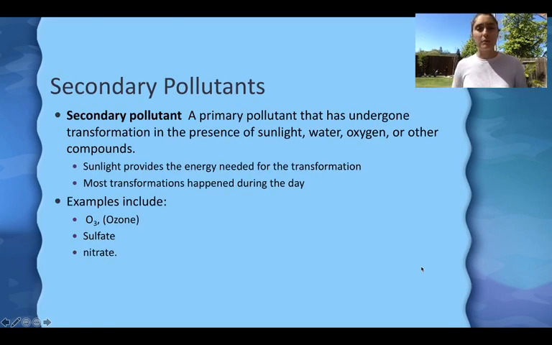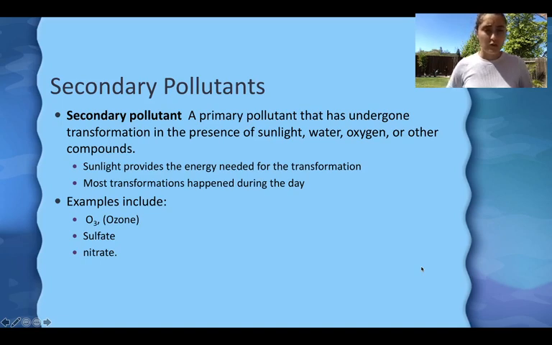Whereas secondary pollutants mean those primary pollutants have undergone some sort of transformation. Usually that transformation happens in the presence of sunlight, water, oxygen, or other compounds. Sunlight is basically what gives it the energy to go through this transformation. This is why you see most secondary pollutants coming about during the daytime, not at nighttime because there's no sun.